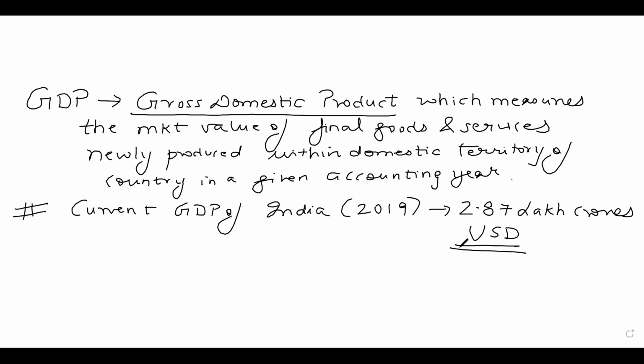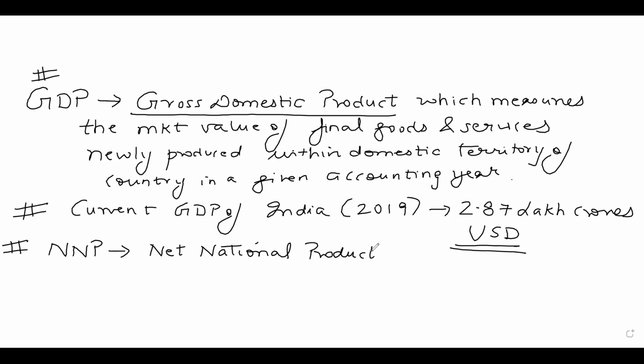When I talk about national income, it is captured by NNP, net national product, also called national income. Now students have done this in high school, if you had economics in high school.